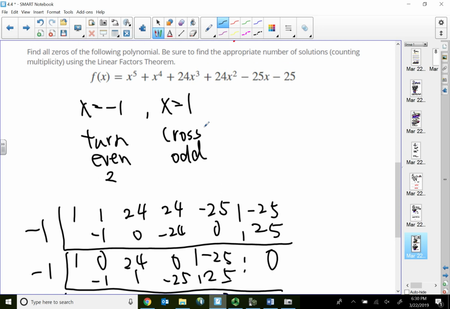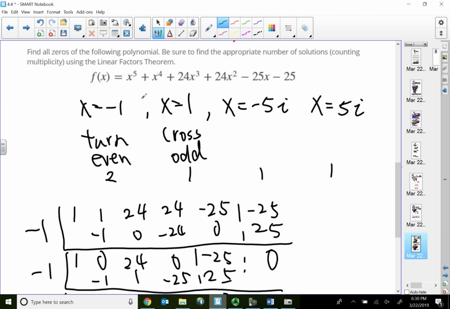That means the other two zeros were non-real zeros, so they come in conjugate pairs. We can say their multiplicity is 1 and 1. So my assumption that negative 1 has multiplicity 2 is correct, and the crossing one is 1. So now I can add up to be 5th power.